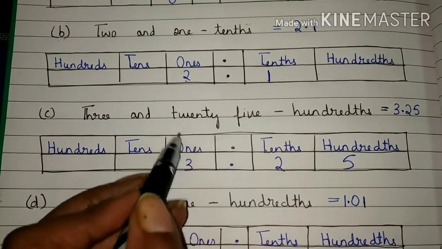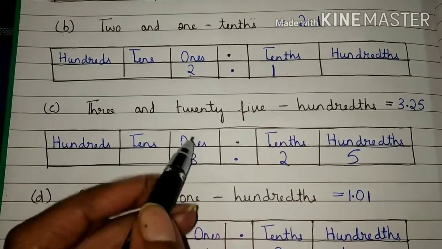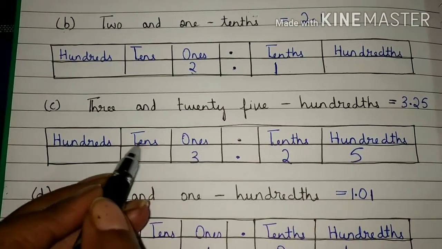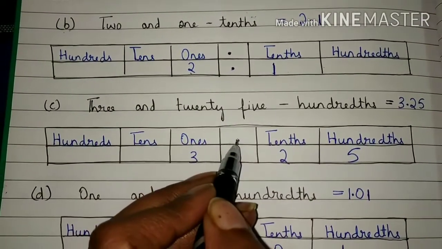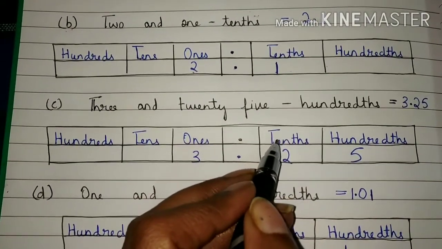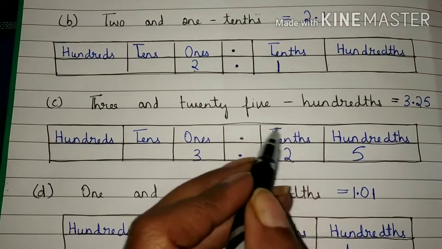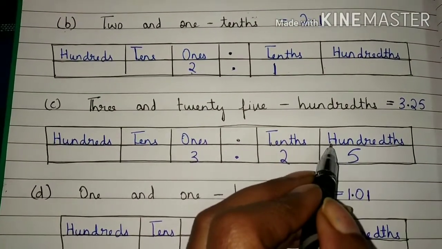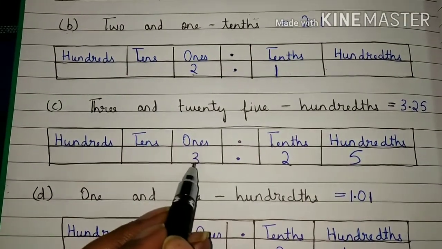After that, on the left side of the decimal point, you will write places as ones, tens, hundred. Then, on the right side of the decimal point, you will write places as tenth, hundredth. Now students, you will write numbers into the place value chart.